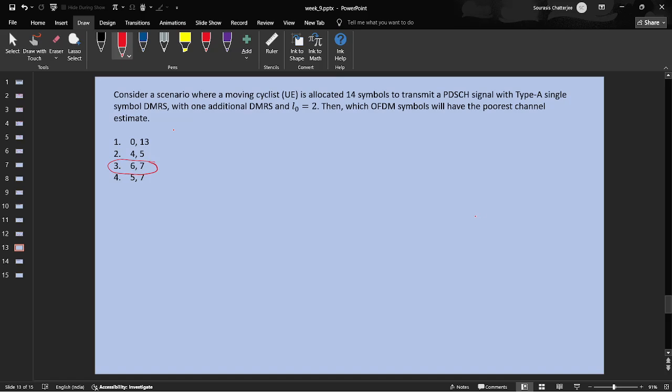And had this question been a bit modified, in the sense there is no mention of additional DMRS, what would be the answer in that scenario?